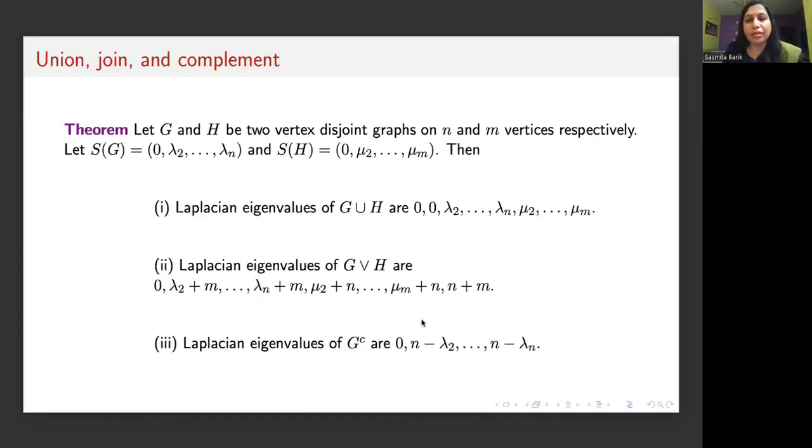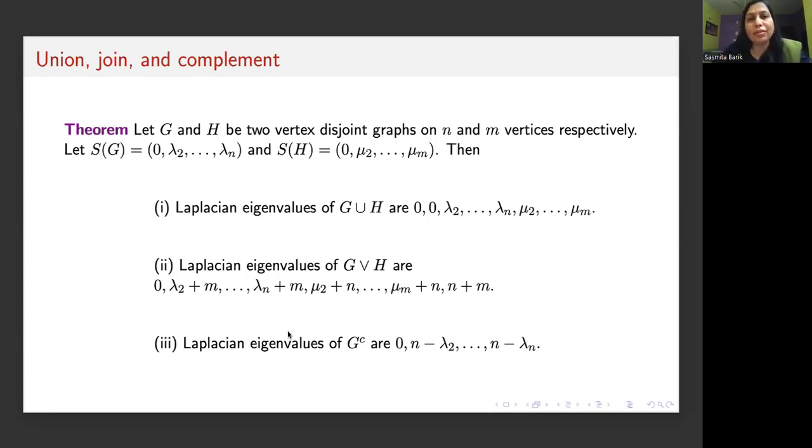From this you can observe that if lambda n equals n, then in the G complement this eigenvalue becomes 0. Okay, so G complement has 2 zeros, so that means G complement must be disconnected. And the other way, if G complement is disconnected, then you have to show that lambda n equals n. Then G complement is disconnected means G must be a join.